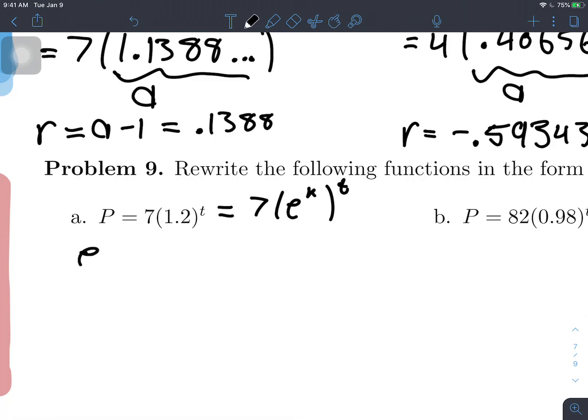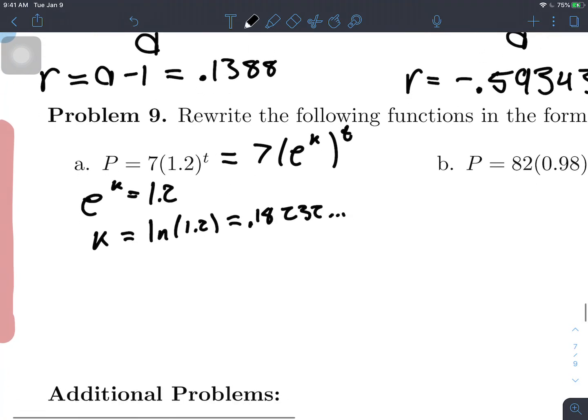Well, I know that if e to the power k equals 1.2, then k is equal to ln of 1.2. And that, if I plug it into my calculator, will give me something like 0.18232... So if I want to rewrite this, I'll write 7. In here I'm going to put e to the power k, so it's going to be e to the 0.18232 to the power t.